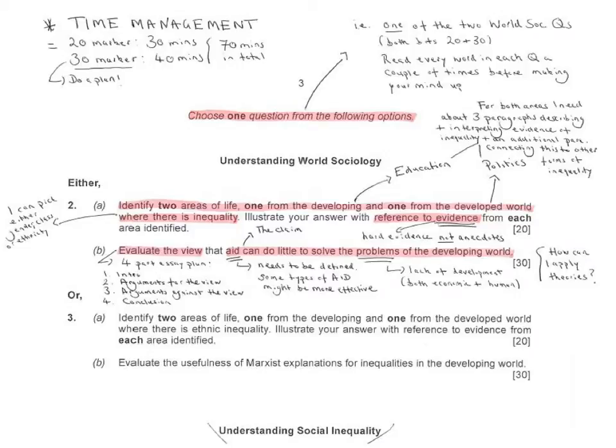So how I would set out this particular question: in the case of developing countries, remember the notes that I've given you are on educational inequalities. So I would need to write about 3 paragraphs describing and interpreting evidence of gender inequalities in relation to education, and then I'd also want to include an additional paragraph where I explain how these educational inequalities are connected to other forms of inequality.